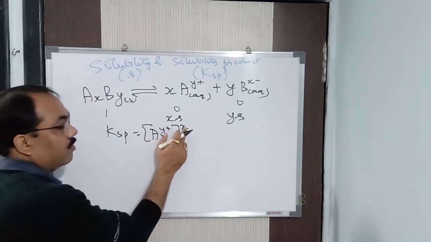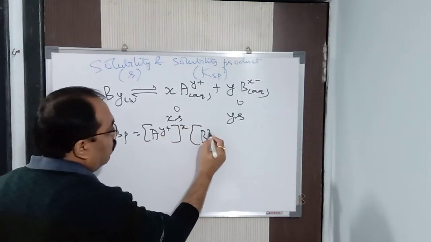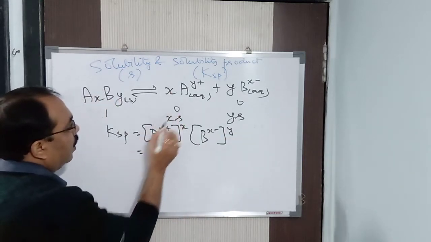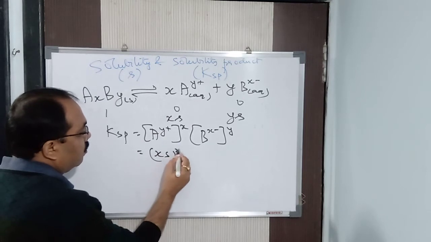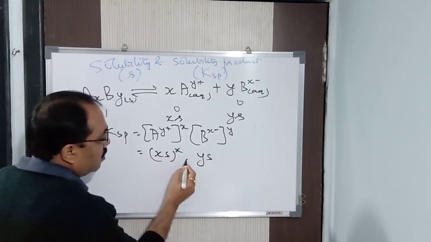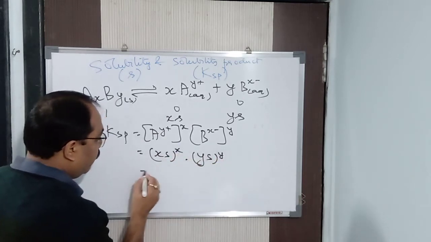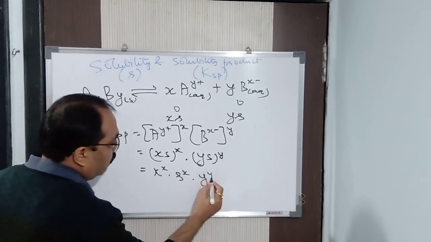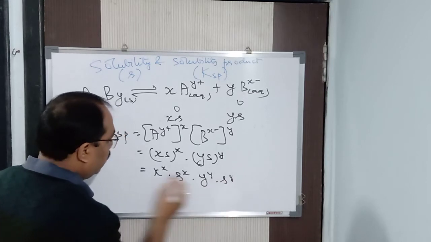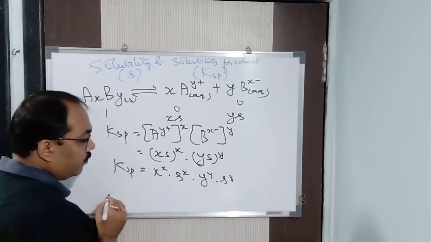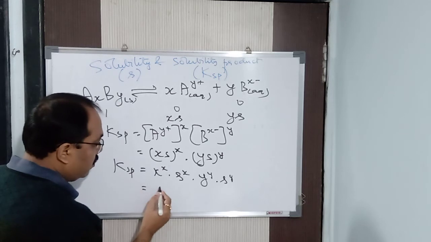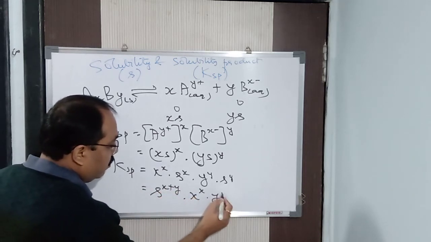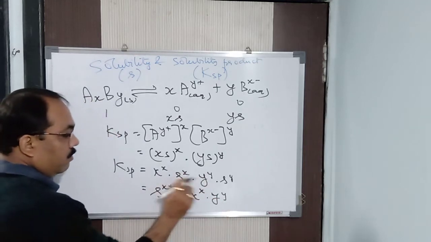So the concentration of A^y+ is xS, so (xS)^x into (yS)^y. So it is x^x into S^x into y^y into S^y. This is your KSP: S^(x+y) into x^x into y^y. You got it? Powers can be added.